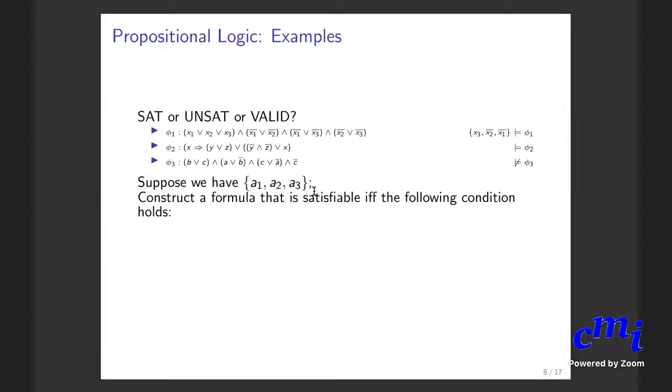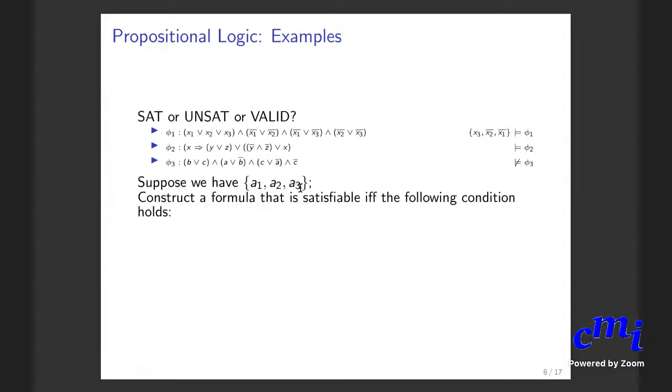By modeling, I mean that given a problem, you need to construct a formula that models the scenario, such that the problem you want to solve can be expressed as an instance of checking that a particular formula is either satisfiable, unsatisfiable, or valid. Okay, so that's the kind of examples that I will introduce now.